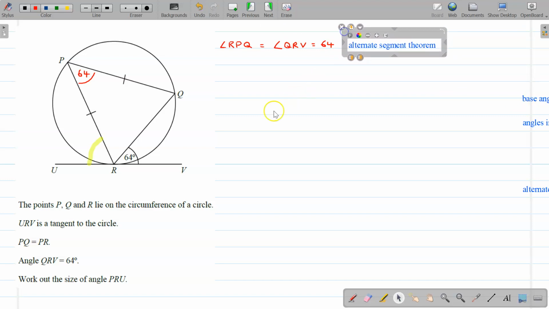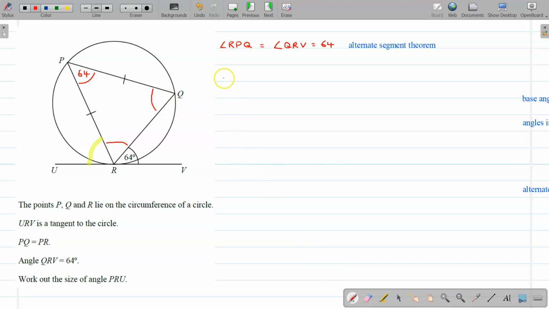So that's the reason I'm providing for that answer: alternate segment theorem. Now I'm going to say that the angle here and here are both the same, and the reason they're both the same is they're base angles of an isosceles triangle.